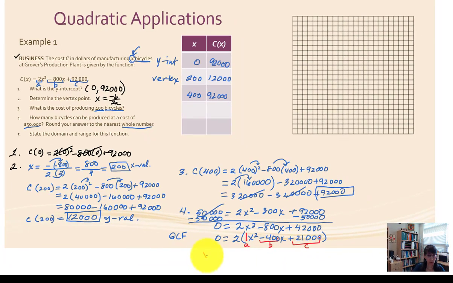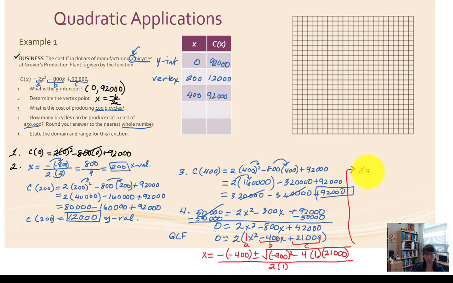We're ready to solve using the quadratic formula. So x is equal to minus b, so it would be minus the negative 400 plus or minus square root of b squared, so the quantity of 400 squared, minus 4 times a, which is 1, and c is 21,000. And all of those terms are divided by 2a.